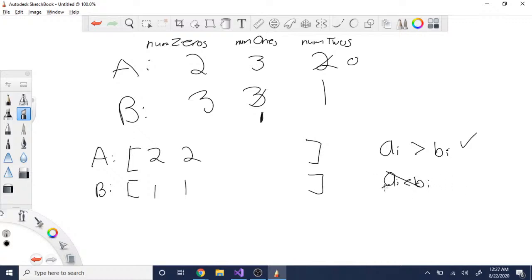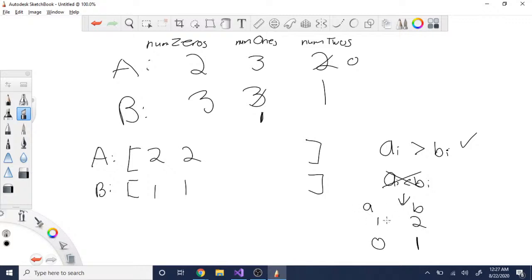That's bad. The possible cases are like 1, 2, so A would be 1, B would be 2, right? Another one would be 0, 1. Wait, no, 0, 1 would be bad.